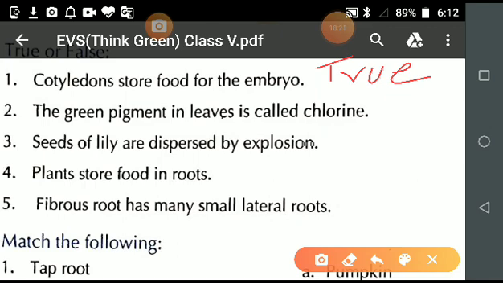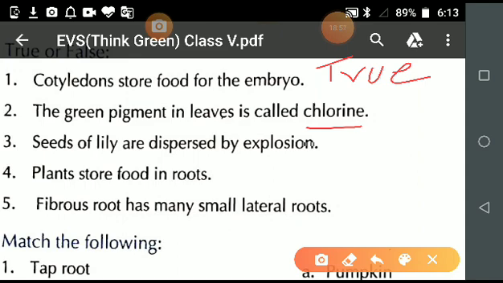Now student, the green pigment in leaf is called, written here, chlorine. Do you remember when I explained that leaves are known as the kitchen of the plants? Plants prepare their own food by the process of photosynthesis. What is required for photosynthesis? Carbon dioxide, sunlight, water and minerals.